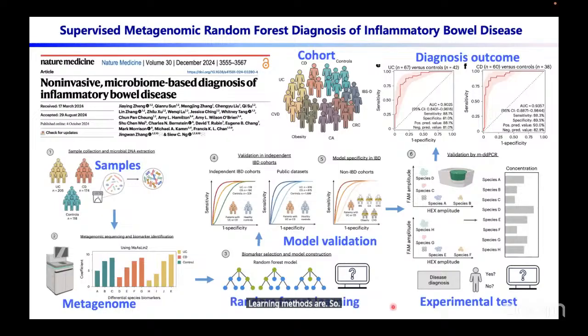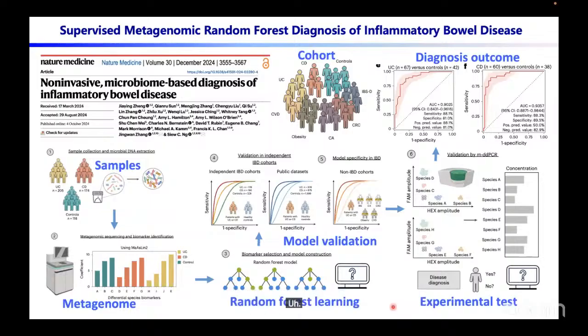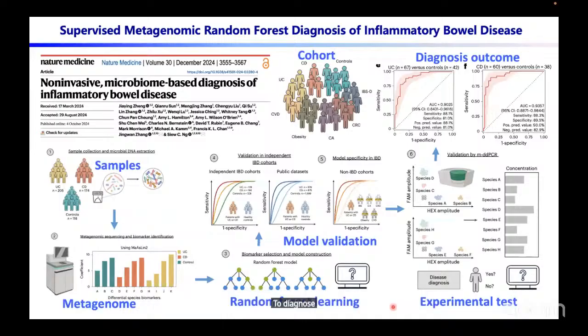Talking about diagnosis, typically there are two main approaches in diagnosing a disease. One approach is to select one or a few, or at least not too many biomarkers, and based on the abundance of those biomarkers to figure out whether or not to diagnose a particular disease.